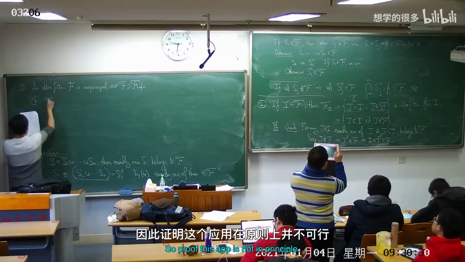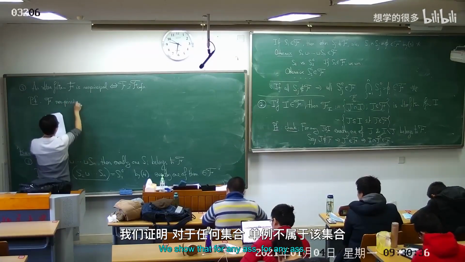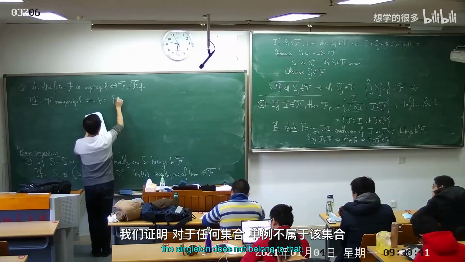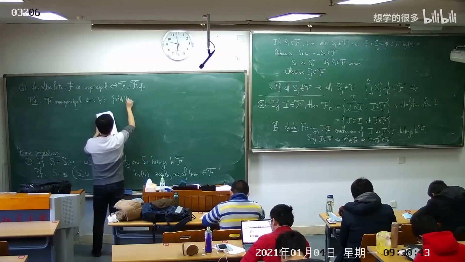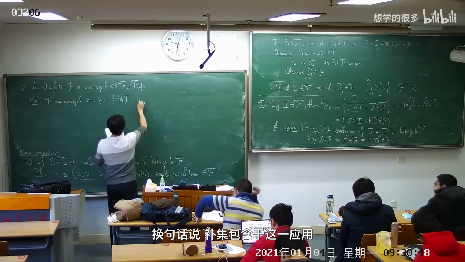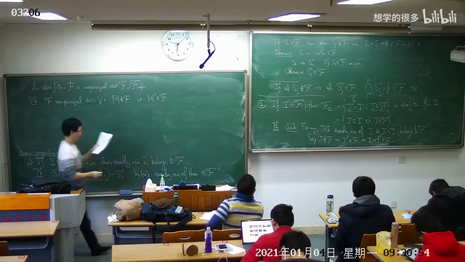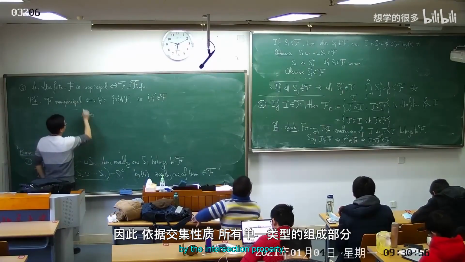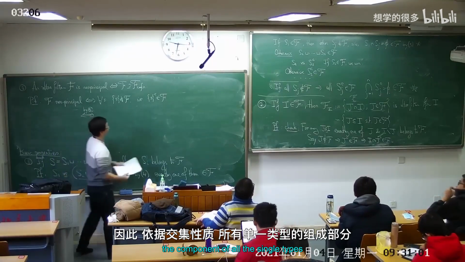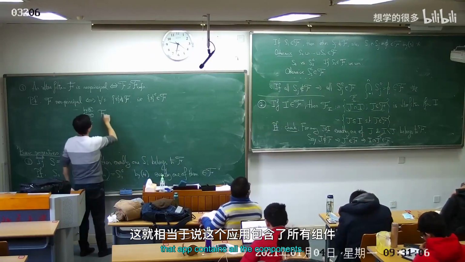So the proof: F is non-principal. We show that that's equivalent to saying that for any s, the singleton does not belong to F, or in other words, the complement belongs to F. So now by the intersection property, the complements of all the singletons belonging to F is equivalent to saying that F contains all the cofinite sets.